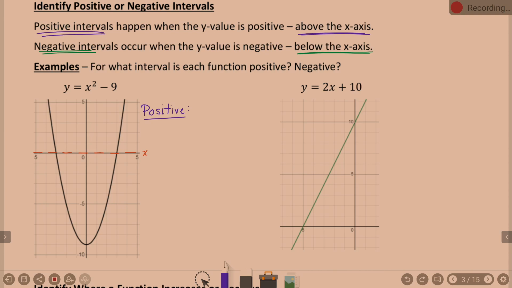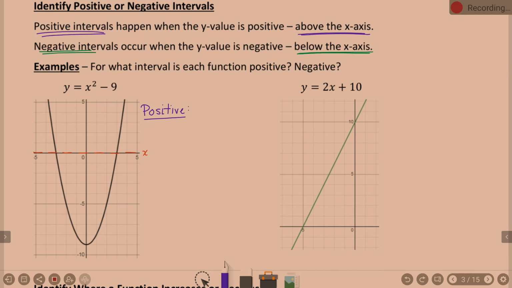Where do you see the graph being positive here? Where is it above the x-axis? Can you visually describe it? Here's the x-axis. Where is this parabola above the x-axis?